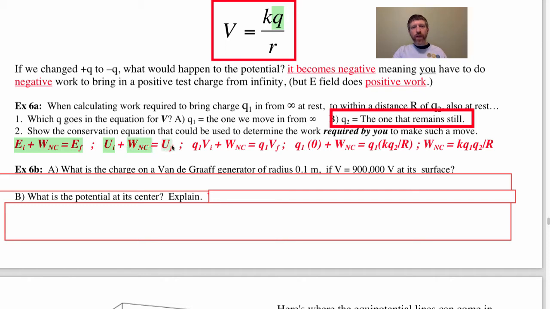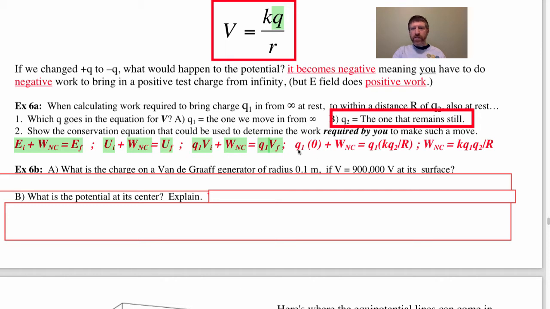And that will equal U final, because we're going to move it, but it's going to remain at rest still, so there's no kinetic energy. U initial is Q1 times V initial, but notice that V initial is caused by Q2. Plus whatever work we have to do is going to be the final potential energy of Q1, which is going to be Q1 times the potential caused by Q2.